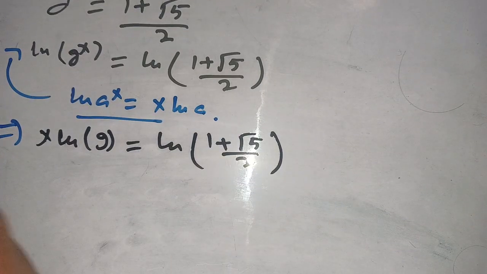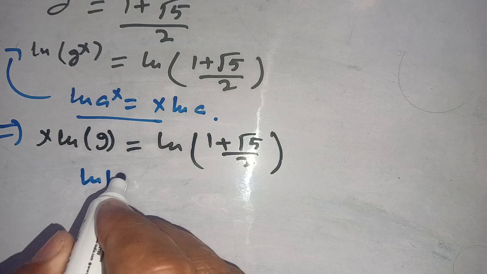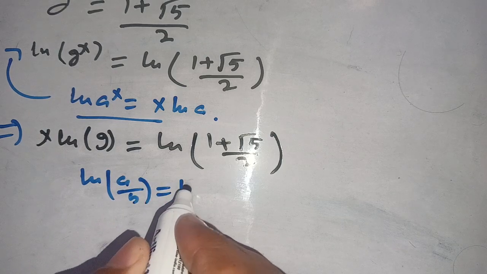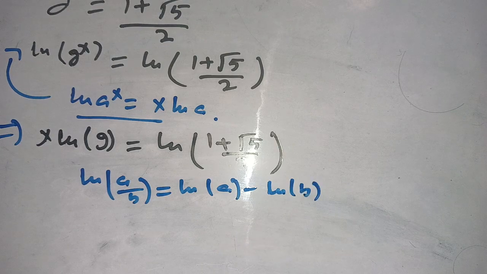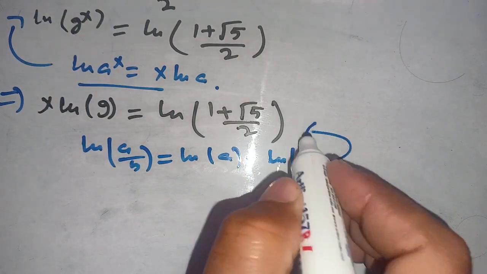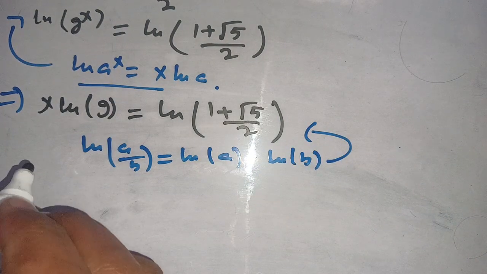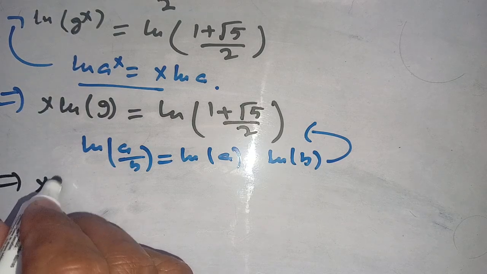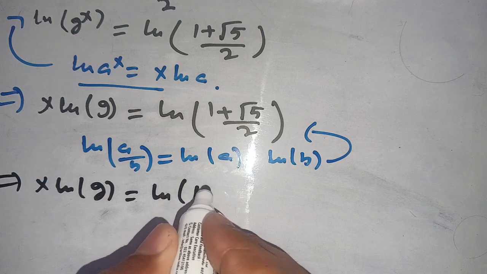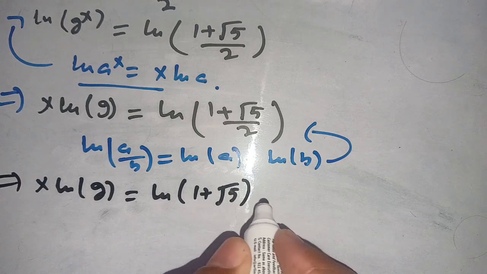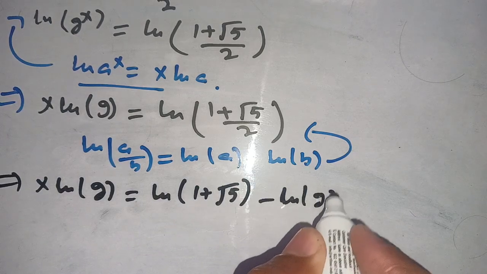In the next step, we know that ln(a/b) = ln a - ln b. I'm using this identity on the right-hand side. Thus our equation becomes x ln 2 = ln(1 + √5) - ln 2.